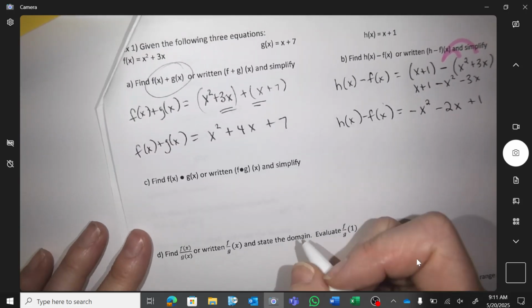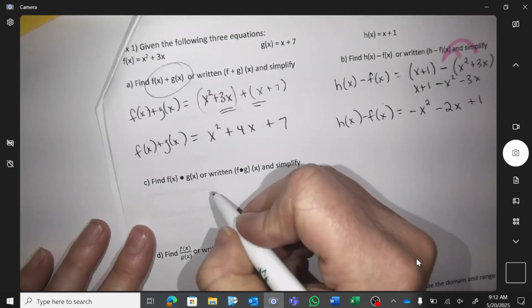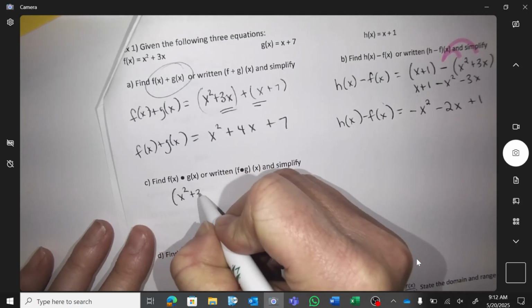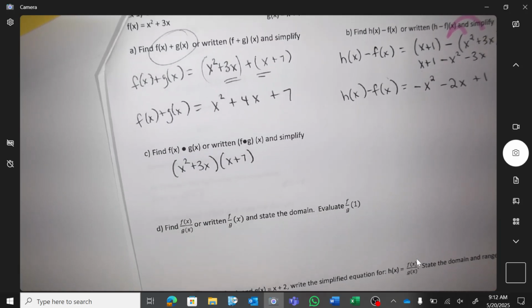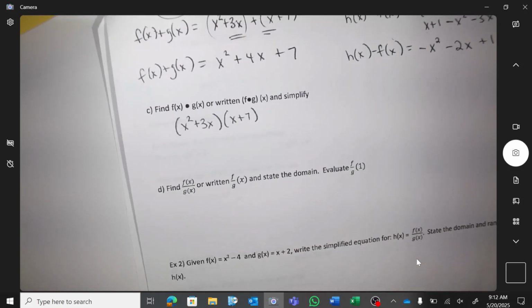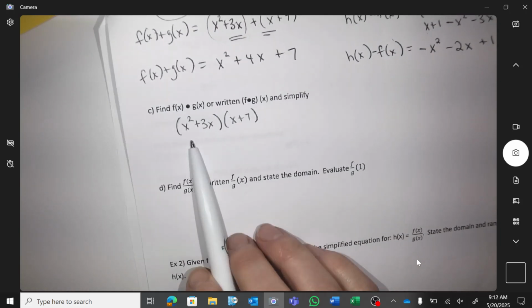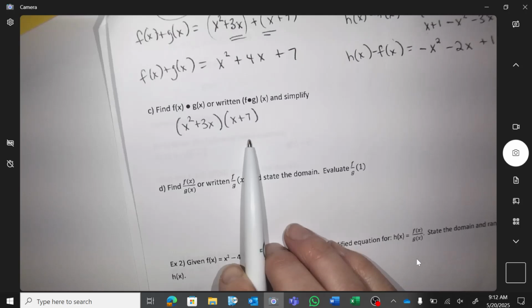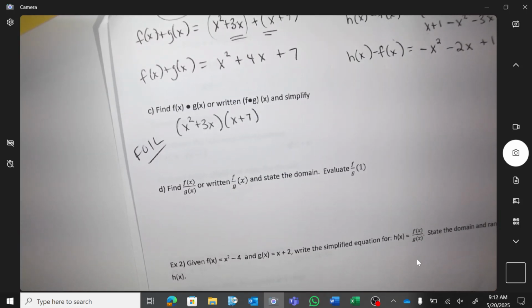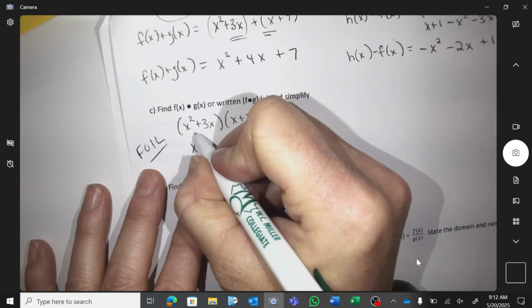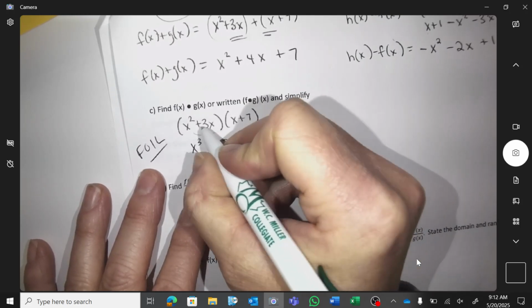Okay, this one says f of x times g of x. I'm going to do my rough work and then we'll write the equals part in the final answer here. So I have to do this function times this function. Okay, what kind of process would you do when you start the simplification? FOIL. You would do a FOIL. So x cubed plus 7x squared.